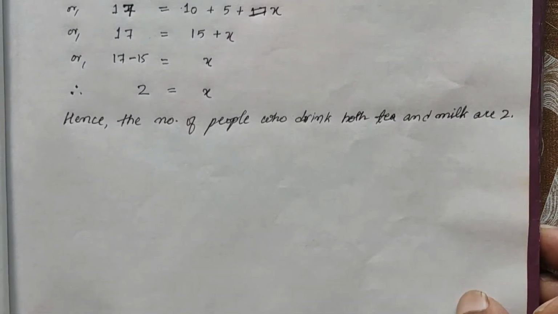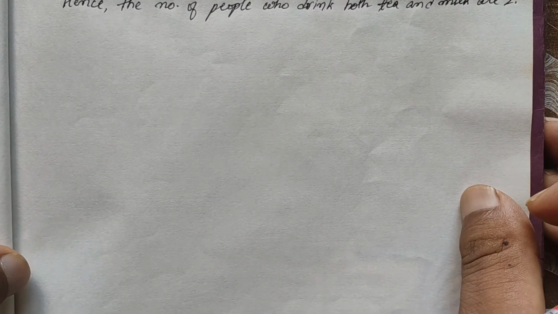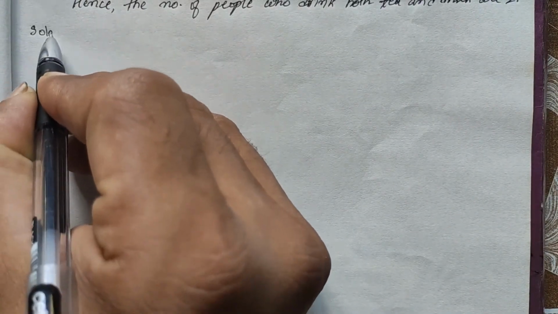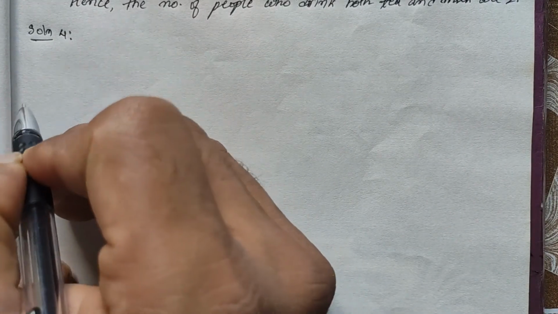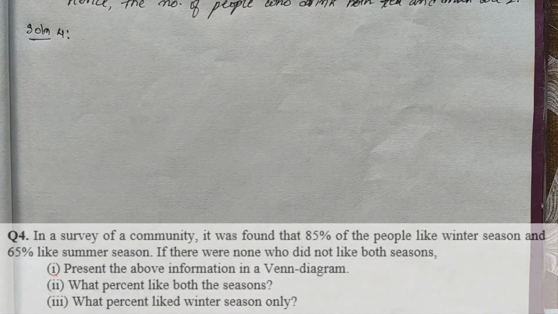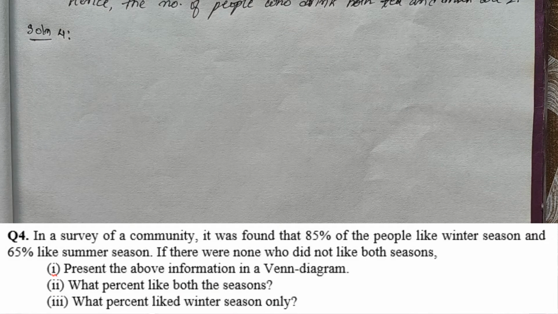Question number 4. Question number 4 says: a survey is done in a community, and 85% of people like the winter season. The numbers are not given here, only the percentage is given.